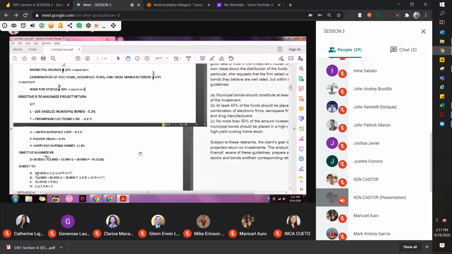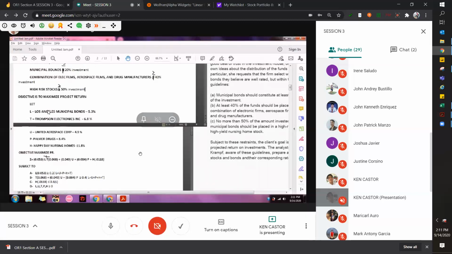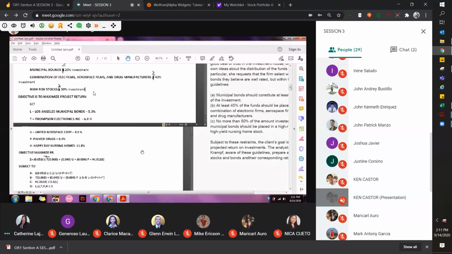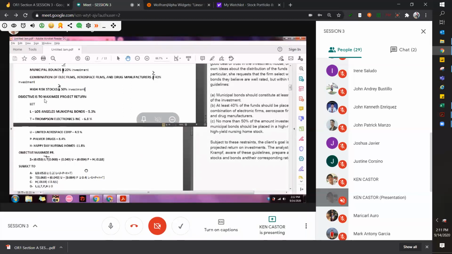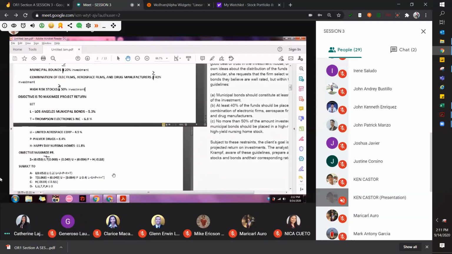Okay? So, dapat wala yung 0.053. Kasi ang usapan lang natin dyan is yung municipal bonds, hindi kasama yung return na 5.3%. Okay. And then dun sa right side mo, pansin mo, L plus U plus P plus H plus T lang, or yung summation ng lahat. Di ba? Okay, good.